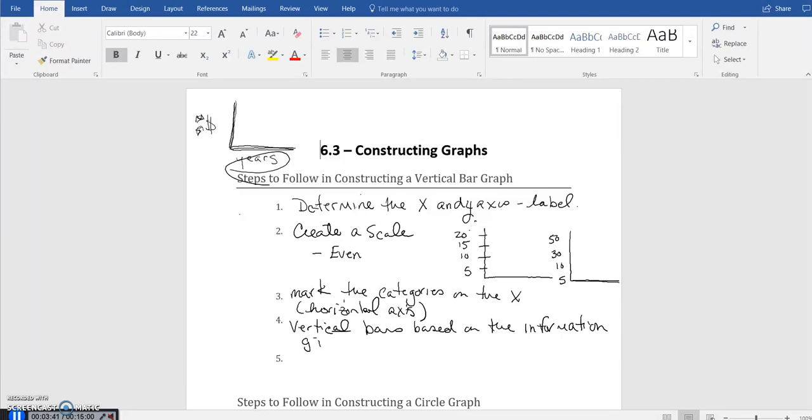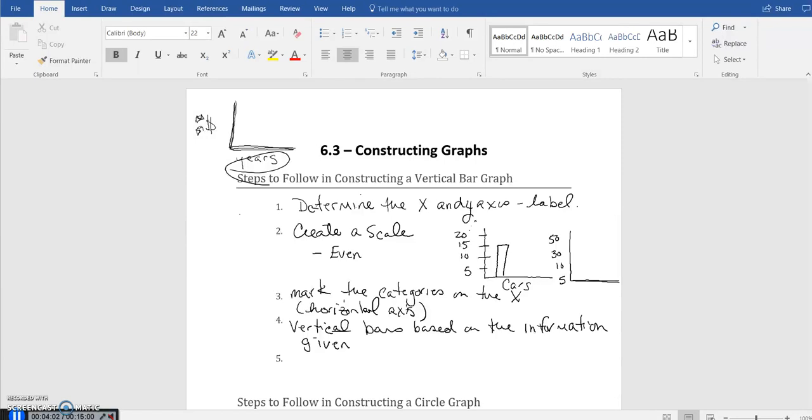So, for example, if I know that I need 15, let's say these are cars on the lot, and I know I have 15, then what I'm going to do is create a bar that's going to be the right height.